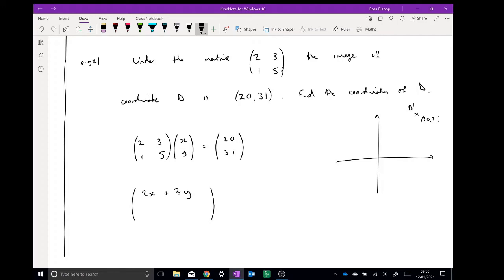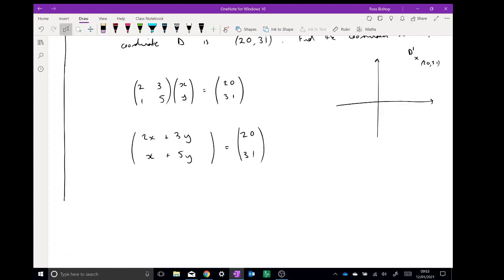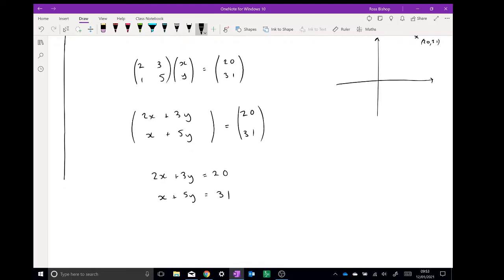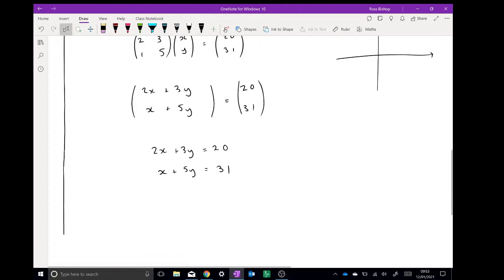The bottom one is 1 times x, which is x, plus 5 times y, 5y. And that's going to equal (20, 31). I can equate the top and the bottom: 2x plus 3y must equal 20, and x plus 5y must equal 31. And I've got a set of simultaneous equations that I can solve.